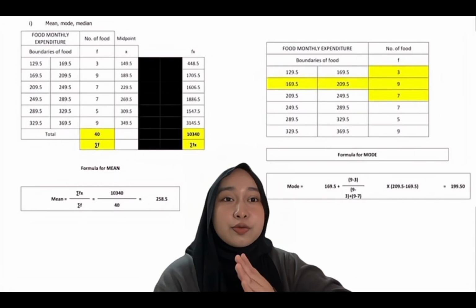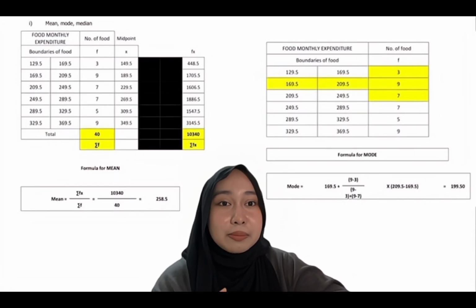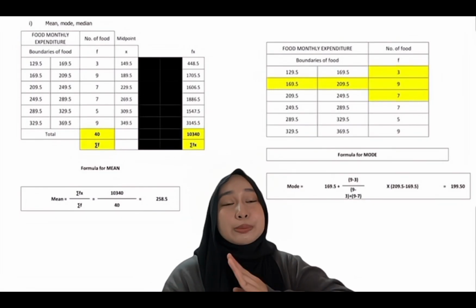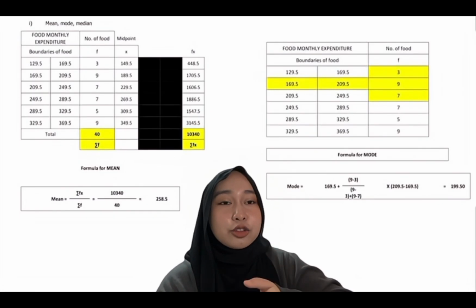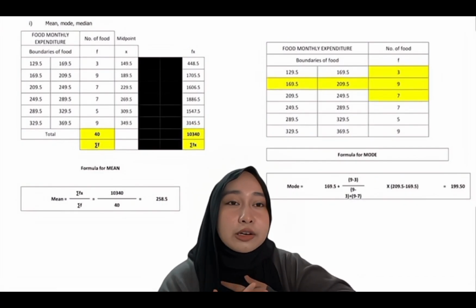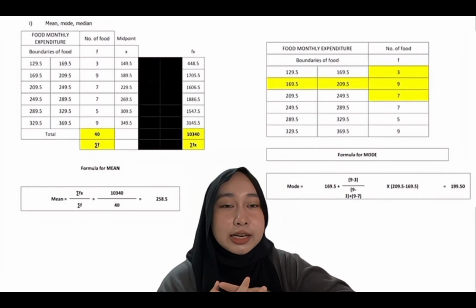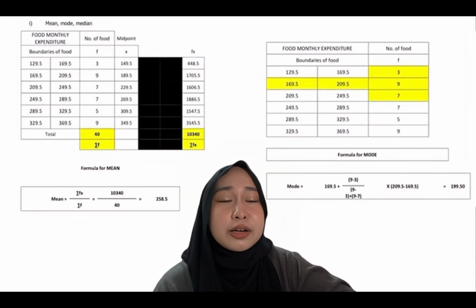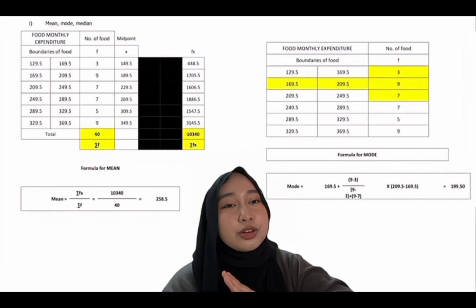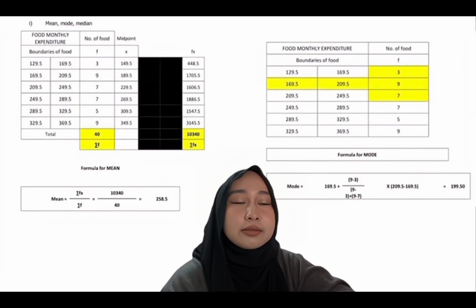Sum f is 40. So, the mean monthly expenditure is 10,350 divided by 40, which gives 258 Ringgit and 50 cents. This tells us that the average monthly spending on food is 258 Ringgit and 50 cents.